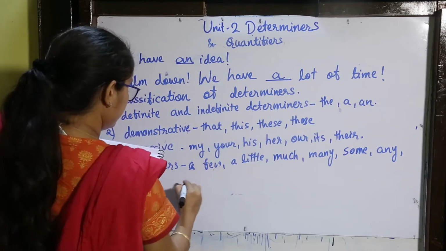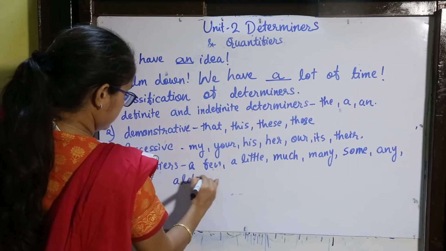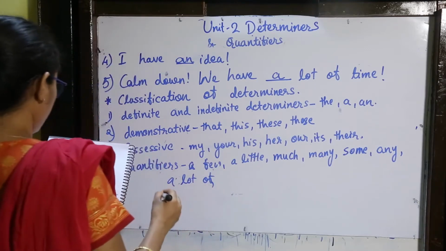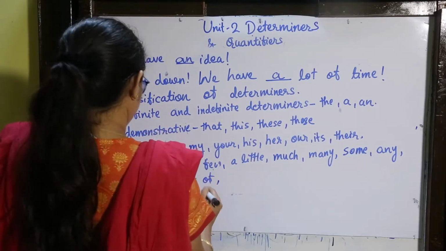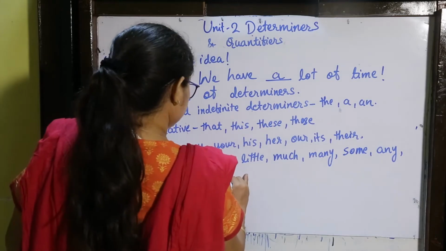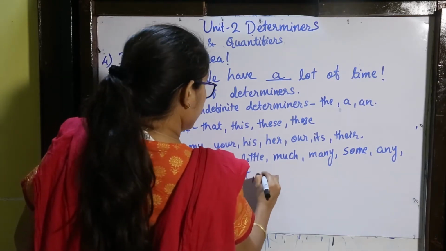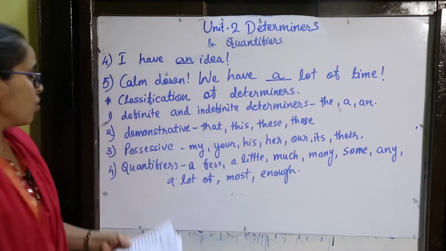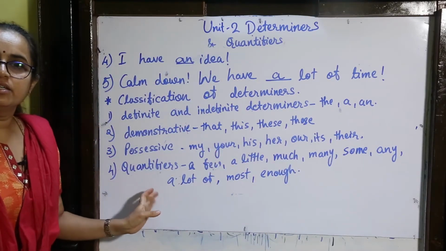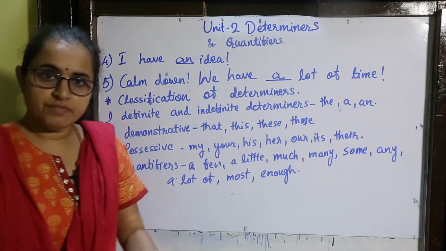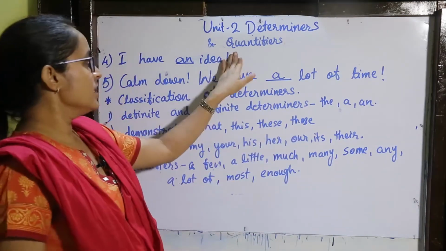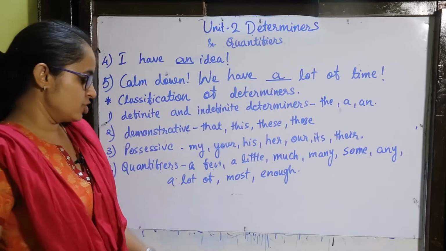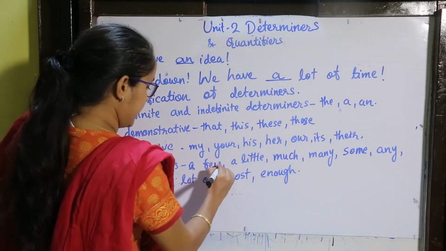A lot of, most, enough. The words which show the quantity are known as quantifiers. So, quantifiers are showing quantity and it is like this.